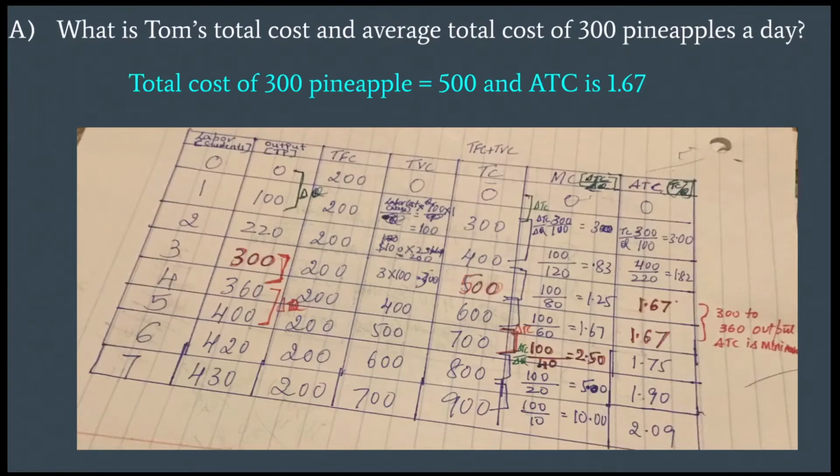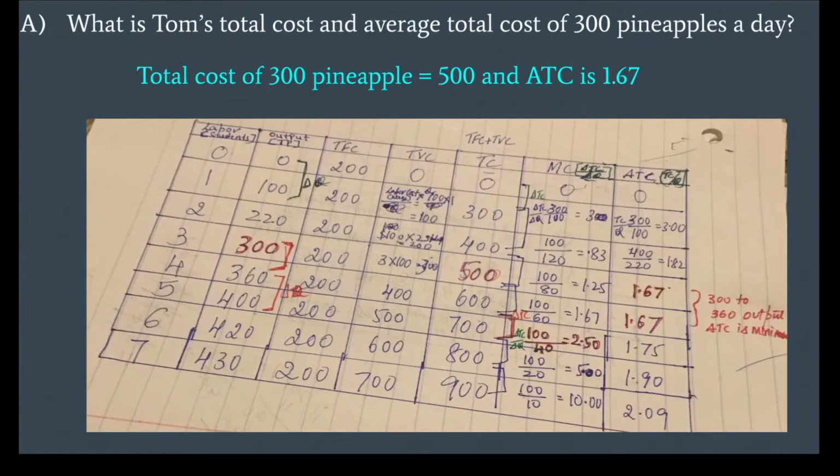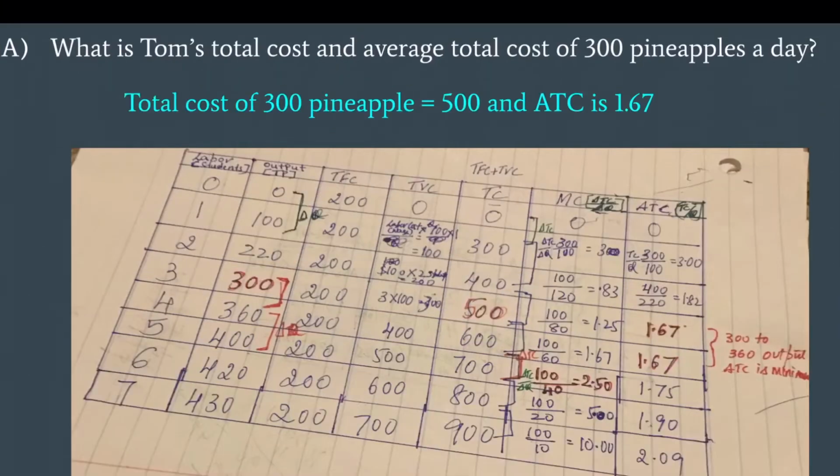The first question is, what is Tom's total cost and average total cost of 300 pineapples a day? This chart shows for 300 pineapples, the total cost, which is the sum of total fixed cost and total variable cost, is $500. You can see it is highlighted in red color.